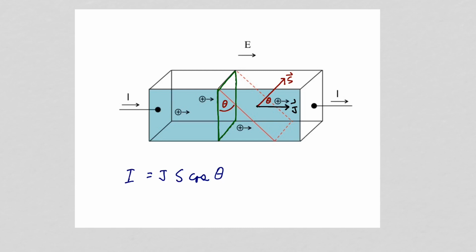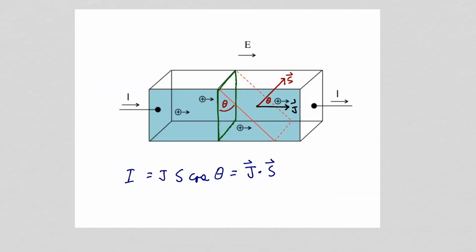This is just the definition of the dot product between the current density and our surface S. If this were a surface differential, part of a larger surface you're integrating over, then we'll call this ds, and now the part of the current going through our differential surface would be J dot ds.